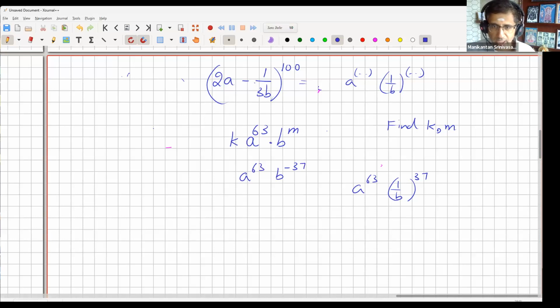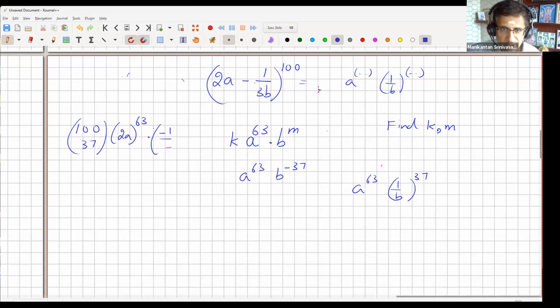Okay, now what about k? So that term will be 100 choose 37, right? 2a power 63, which is 100 minus 37, and then minus 1 by 3b whole power 37. So if I look at this, a power 63 is here, b power minus 37 is here.